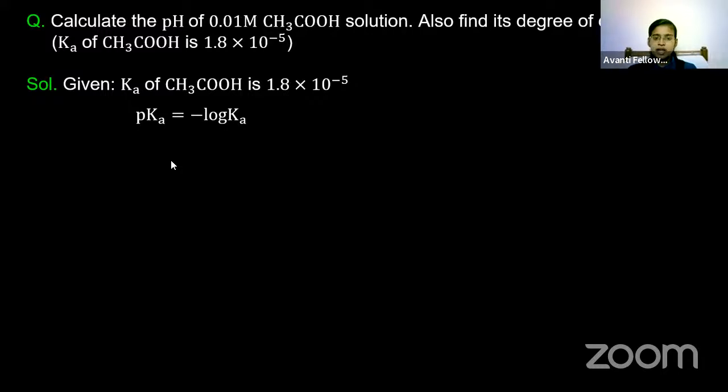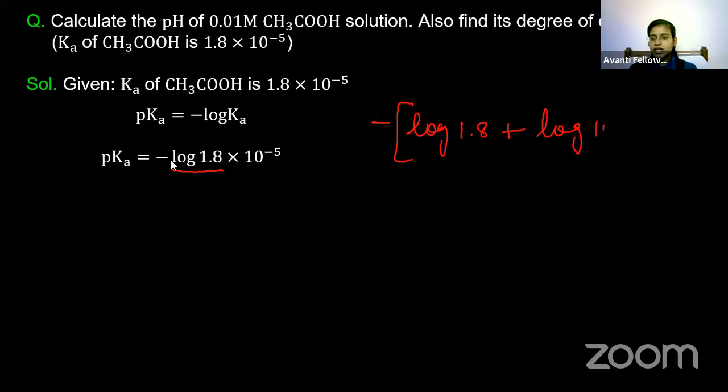So if you apply the Ka value here and after doing the logarithmic calculations, we will get minus log 1.8 plus log of 10 to the power minus 5. You have to apply log to both the components. So it will be minus of log 1.8 plus log of 10 to the power minus 5.